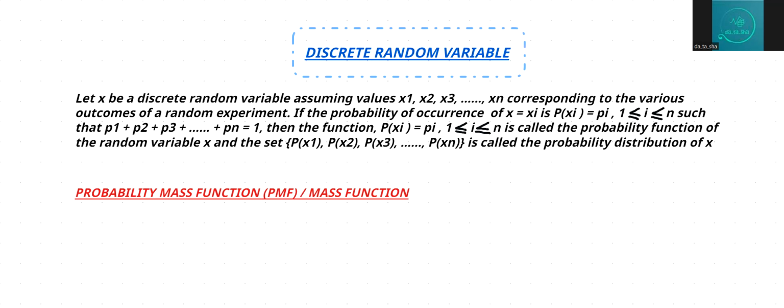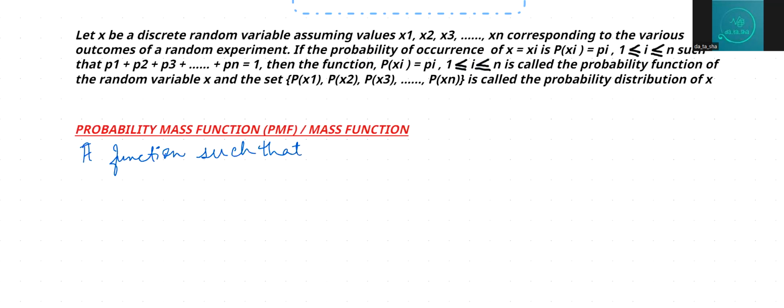So moving ahead, the probability mass function. Now, what is a probability mass function? It is also known as the mass function. When we are talking about the probability mass function, we consider a discrete random variable. So let me just write it. It is a function that satisfies the following conditions.